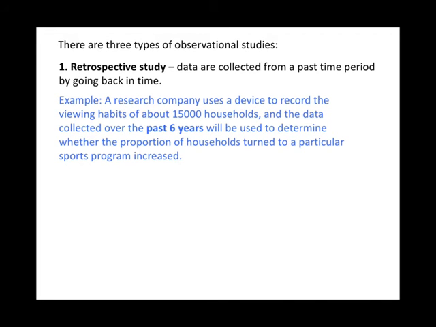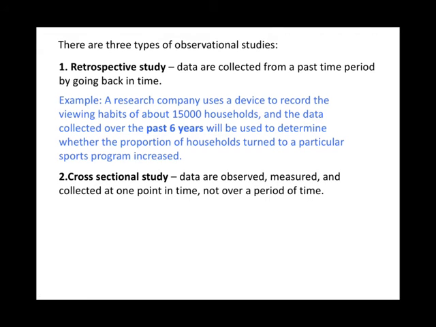For example, a research company used a device to record the viewing habits of about 15,000 households, and the data collected over the past 6 years will be used to determine whether the proportion of households that turned to a particular sports program increased. So you can see we only do observation. We didn't modify the subjects. And the data is collected over the past 6 years. So we call this a retrospective study.